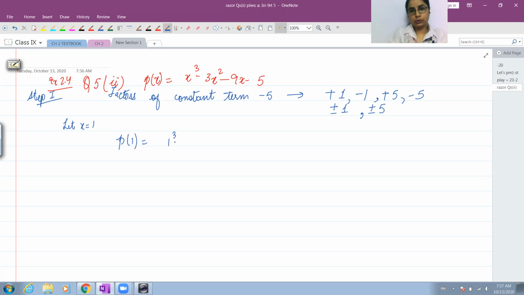P(1) will be equal to... so this is not equal to 0. Now let's take x equals to minus 1.